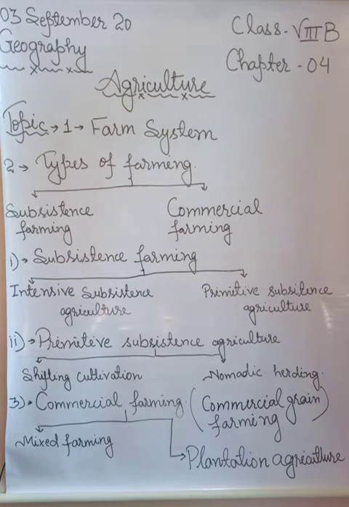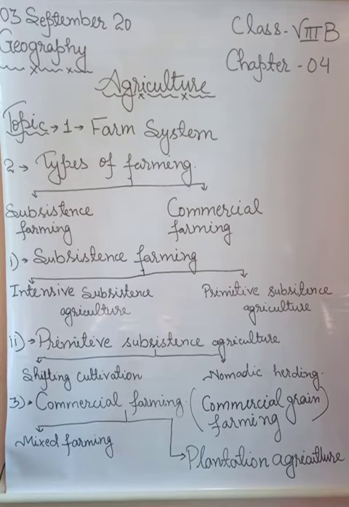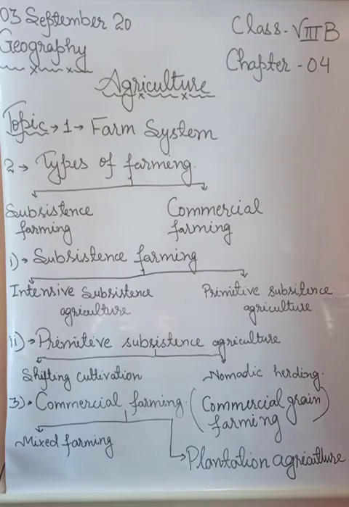After that, your next topic is primitive subsistence agriculture. So students, primitive subsistence agriculture is practiced on small patches of land with the help of primitive or oldest tools, and this type of farming is mostly done in forest cover areas, and the people are mostly dependent upon the monsoons and the natural fertility of the soil.